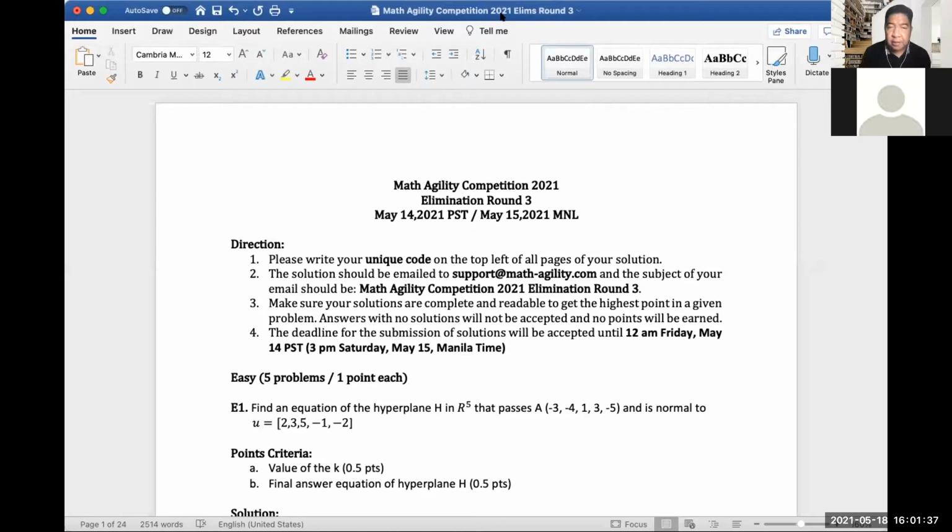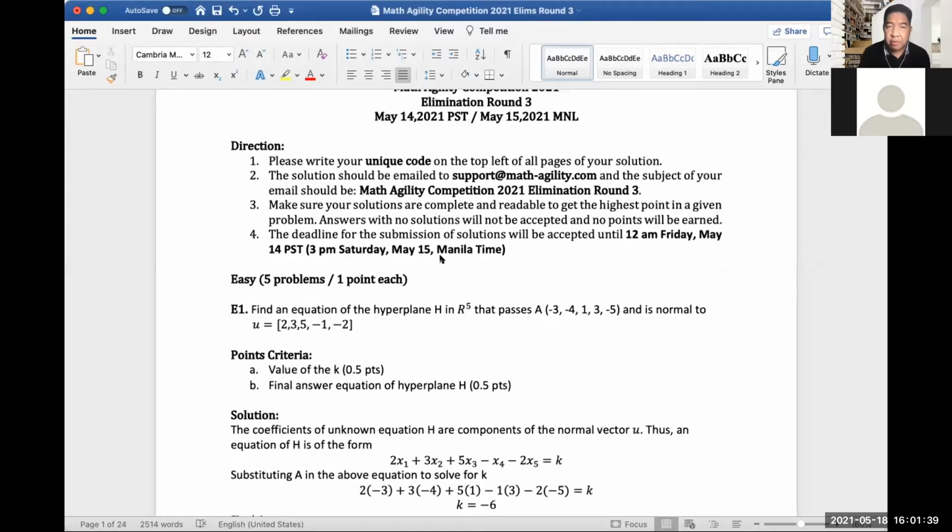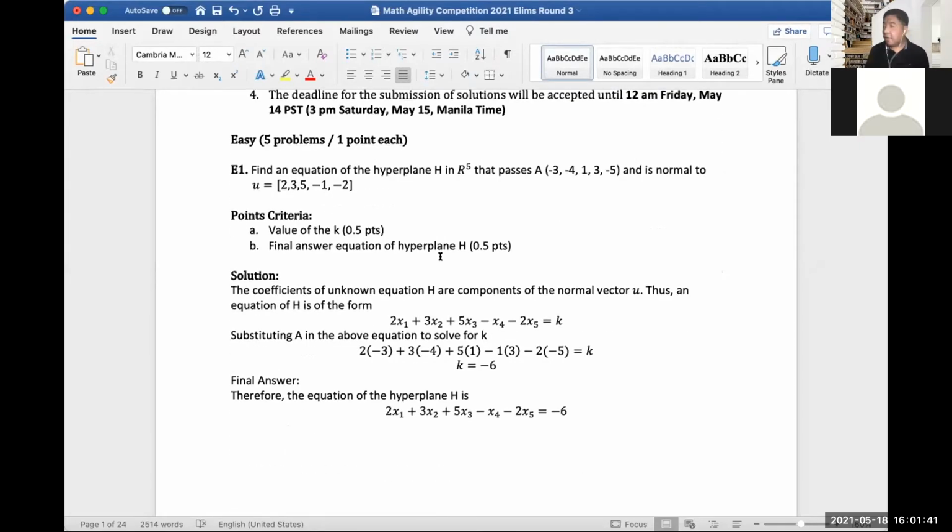Okay, so let's read question number 1. Find an equation of the hyperplane H in R to the fifth that passes A, -3, -4, 1, 3, and -5, and is normal to U, bracket 2, 3, 5, -1, and -2.